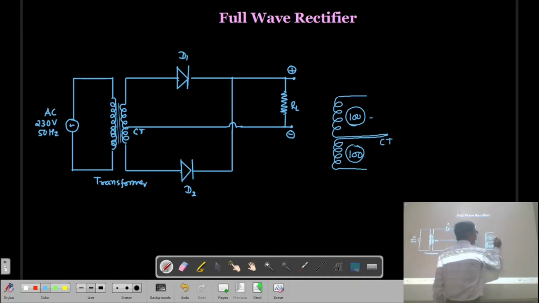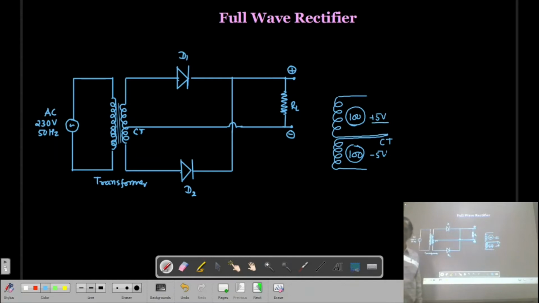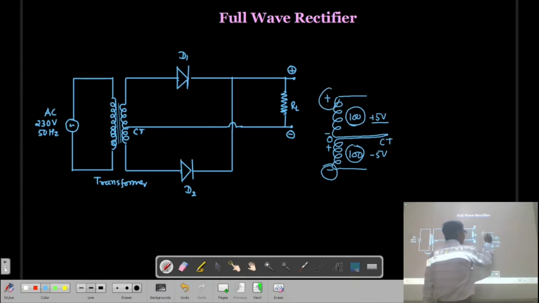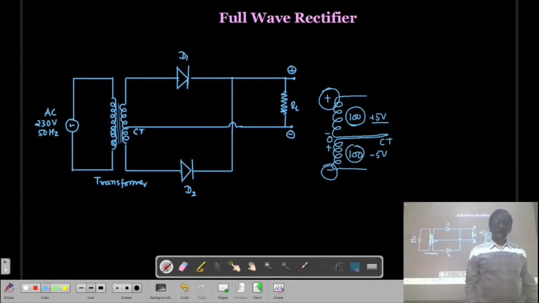Let us say in the upper part we have a plus 5 volt induced AC voltage, then in the lower part at the same time minus 5 will be there. Considering this as 0, this will be plus and minus, and this will be plus and minus. So at the two ends of the transformer there is a phase difference of 180 degrees, and due to that the secondary voltages will also have a phase difference of 180 degrees.